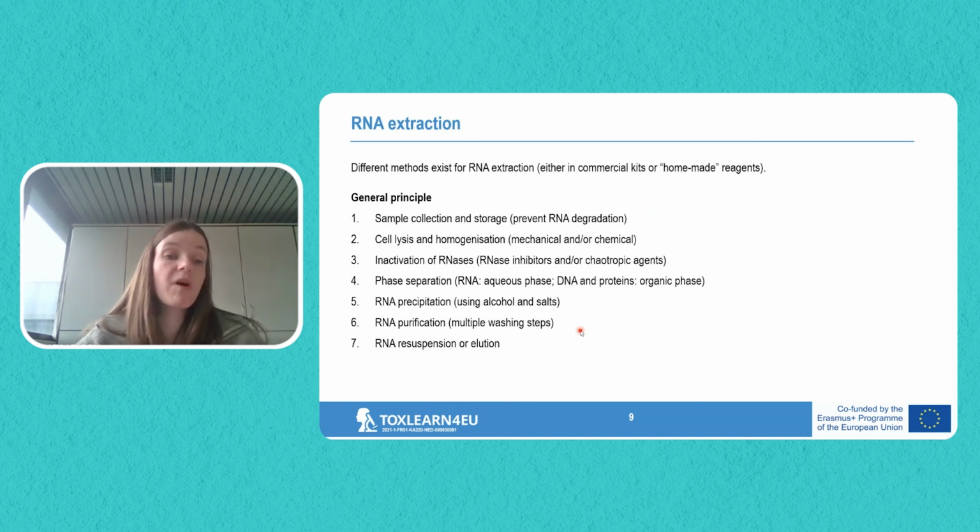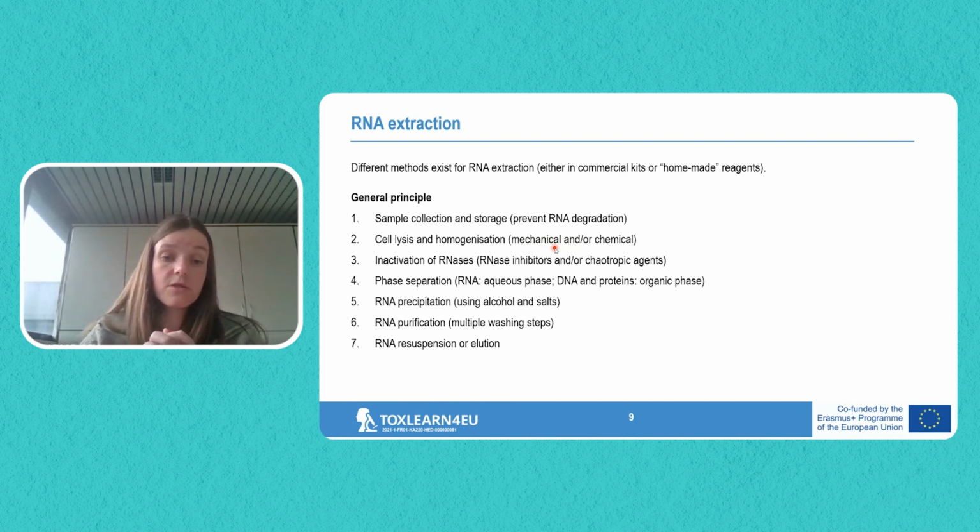Then, to actually start the RNA isolation protocol, you will first lyse and homogenize the cells. You can do this either using mechanical cell lysis, for example by grinding a sample with a mortar and pestle, or you could use some stainless steel beads in a tube, which will then be shaken to also pulverize the sample.